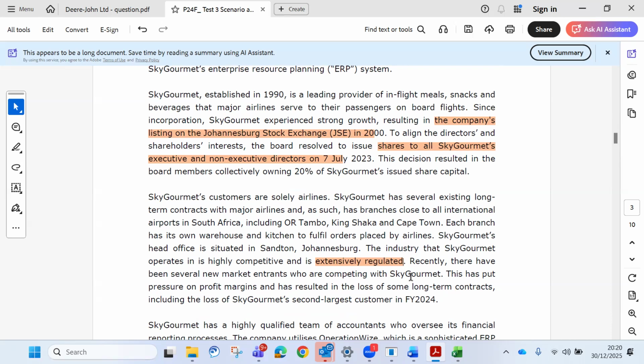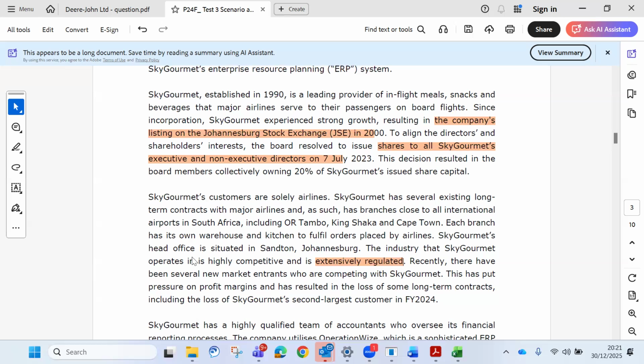What is bringing this? The industry is extensively regulated. So you need to start by saying the industry is extensively regulated. Therefore, there's an increased risk of non-compliance with this industry's rules and regulations. If you read some of them and they tell you which one, then you can mention them. I might not have stated the precise industry. But okay, I understand you.